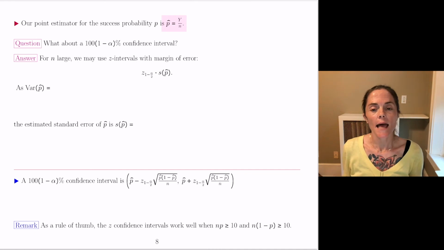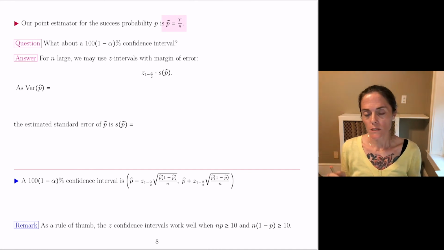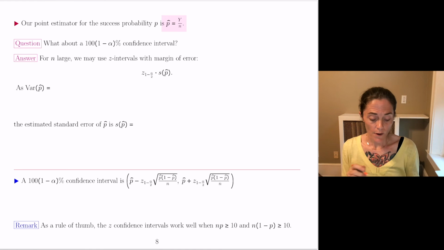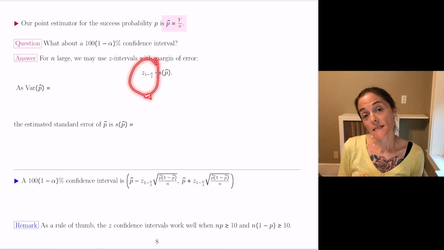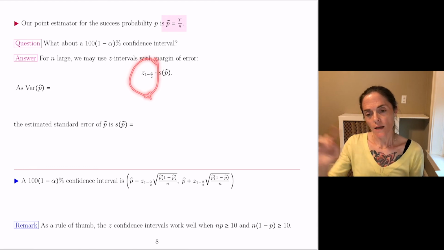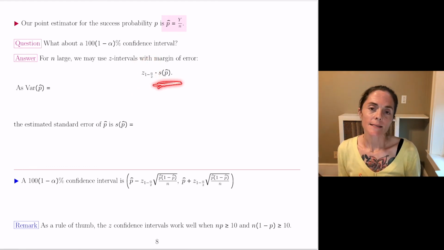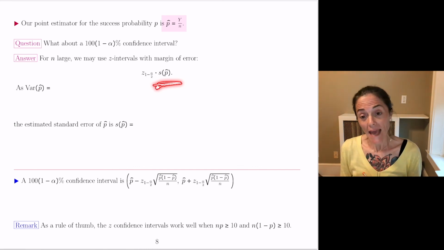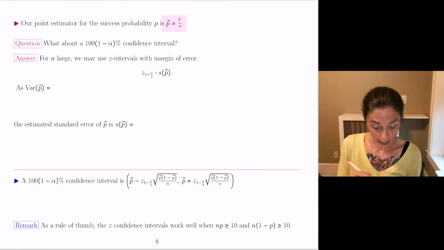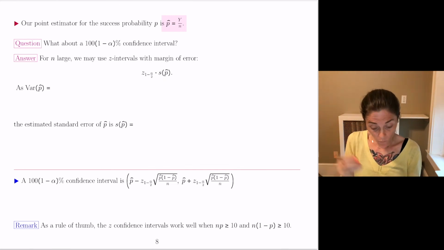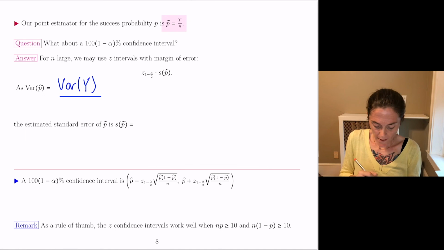Well, for large n, we can use Z intervals. The margin of error will be this quantile, which comes from the standard normal distribution, times this estimated standard error of the point estimator, p hat. Okay, so first of all, what is the variance of p hat? The variance of Y divided by n squared.